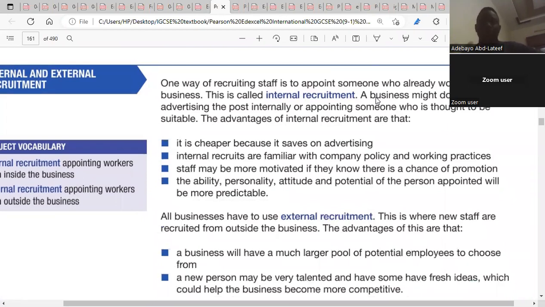Two, the employees are familiar with the organization. They understand how the company culture is about. They know the company well. Also, the company knows the employee well. Do you understand? That means the employers know the ability of the employees because they've been working together before then.